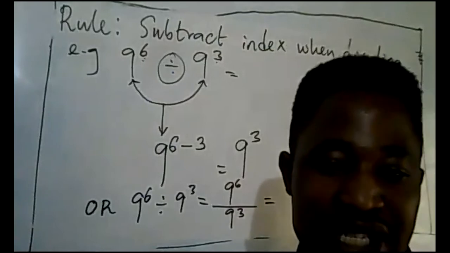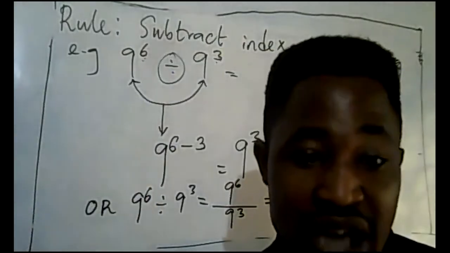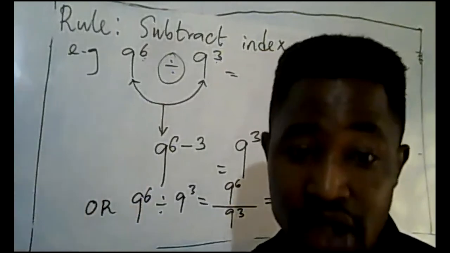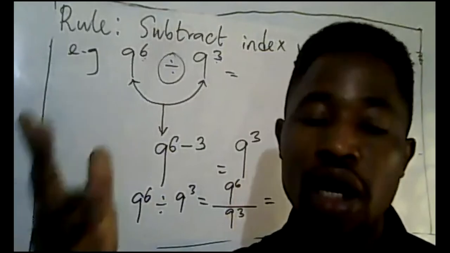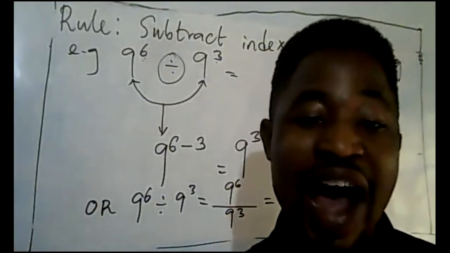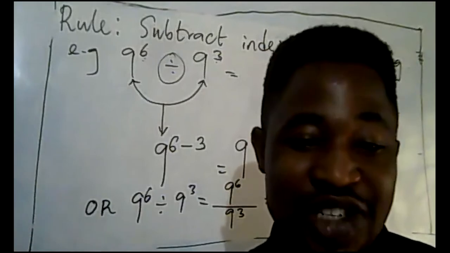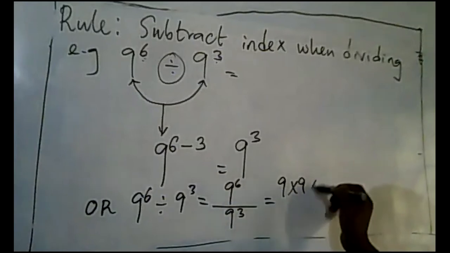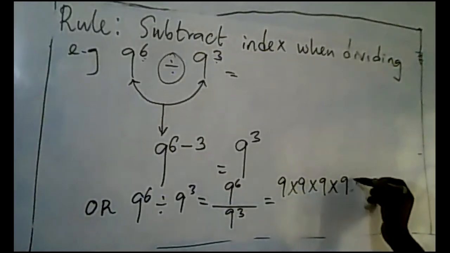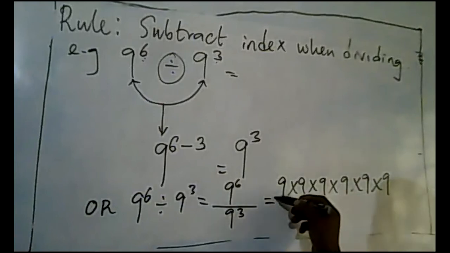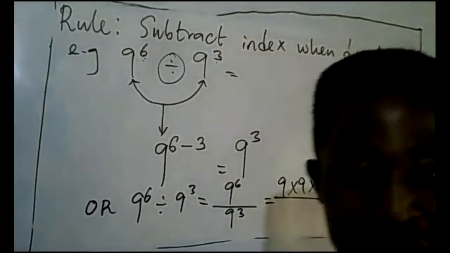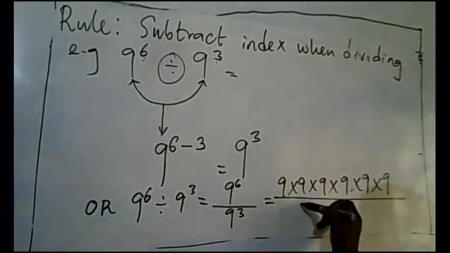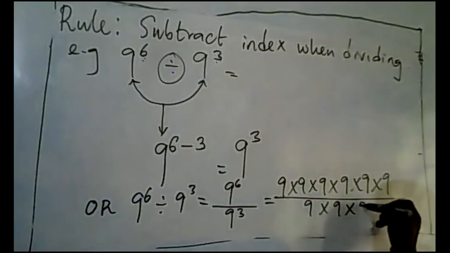So it is 9 times 9 times 9 times 9 times 9 times 9. 9 raised to power 3 means 9 in 3 places. So you're saying 9 times 9 times 9.